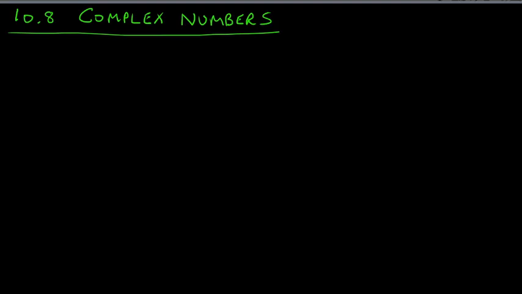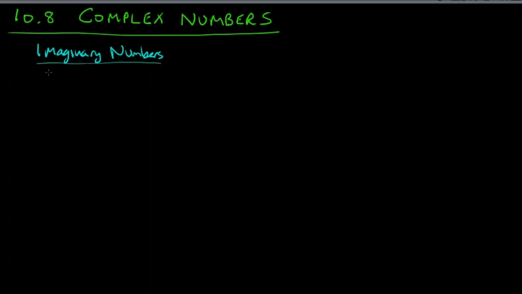Okay, so now we're going to start 10.8, which is on complex numbers. Complex numbers involve those imaginary numbers that up until now we've been ignoring. But now we need to deal with them.